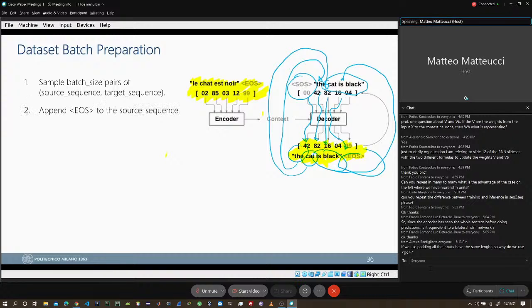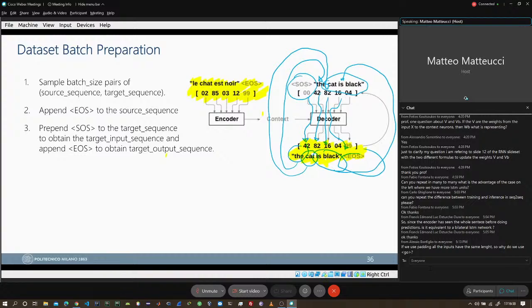So, prepare the batch, append the end of sentence, prepend the start of sentence to the output.